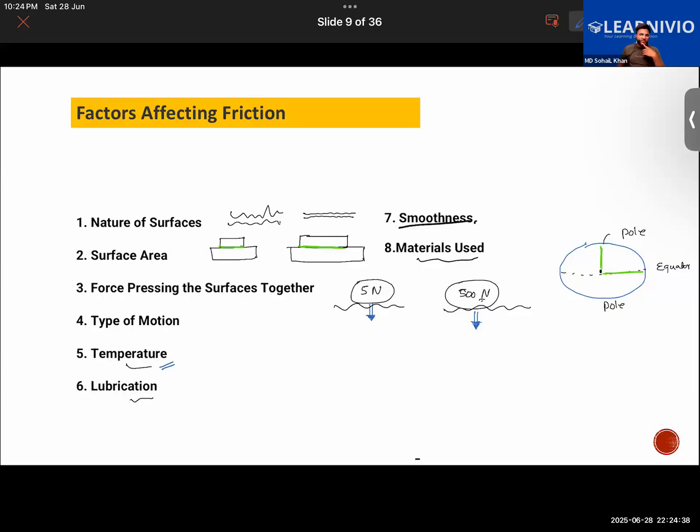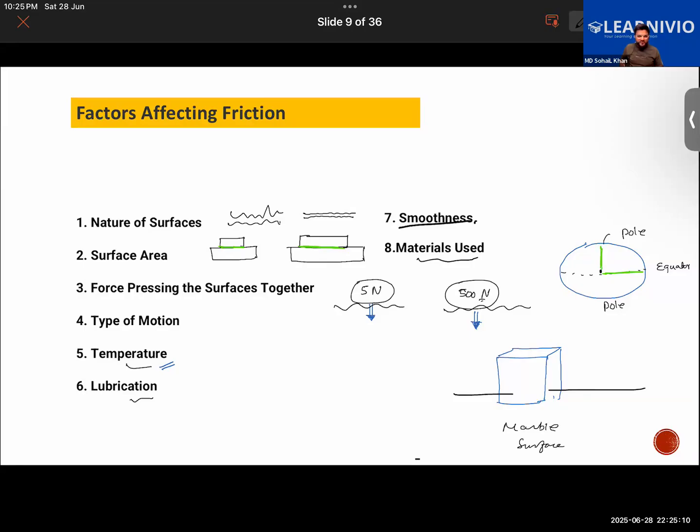Then the third is lubrication. If I'm moving an object over a rough road, it will be difficult. Suppose I am moving some object over a marble surface.